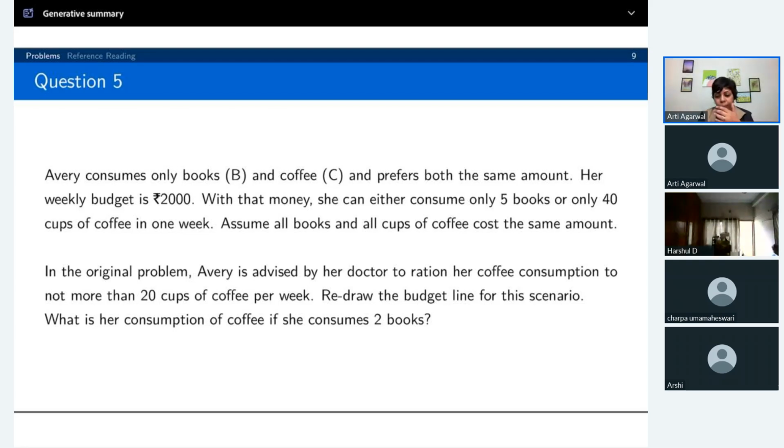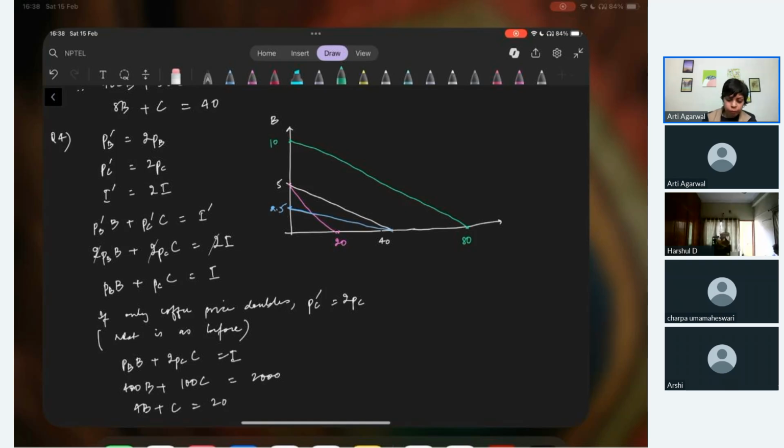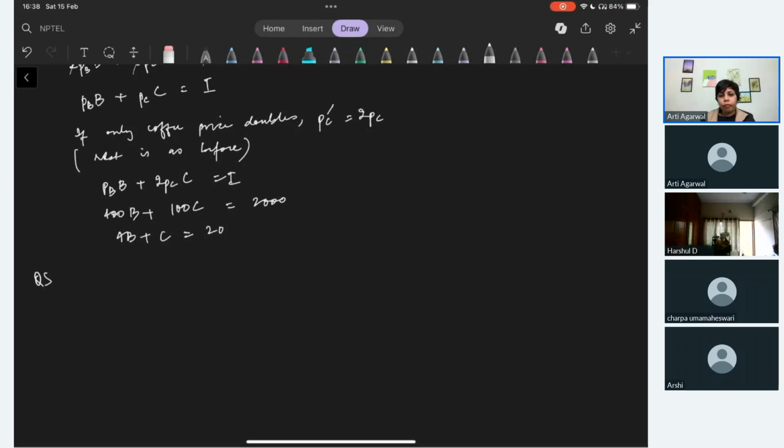So any thoughts? Okay, we'll come to the second part of the question in a bit. First, we need to redraw the budget line for this scenario.